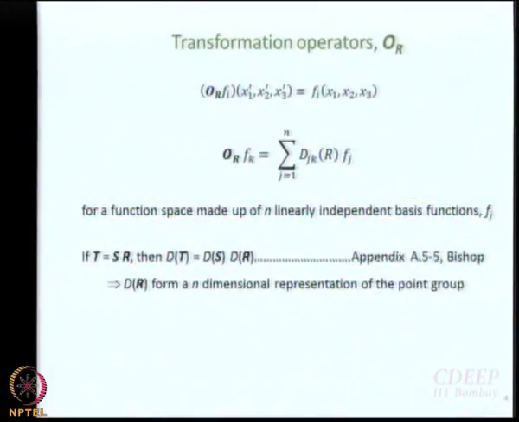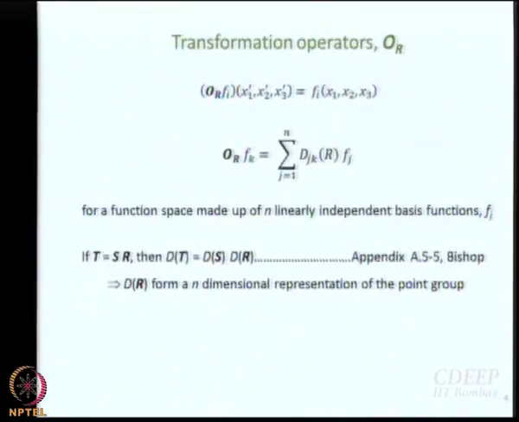So, now since that is so, we have shown earlier that the symmetry operations form a representation of the point group, right. So, now we can say that the corresponding matrices also form an n dimensional representation of the point group. That is the connection between what we are discussing now and group theory. Remember, we had drawn the group multiplication tables long ago when you were much younger.